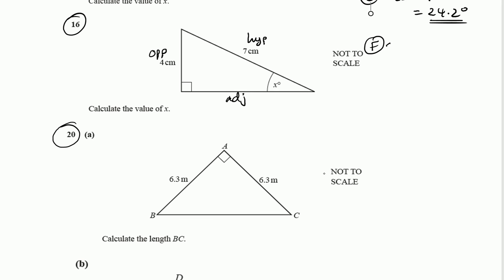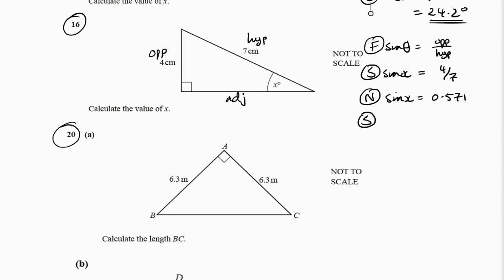So the formula I'm going to use is sine theta is opposite over hypotenuse. Substituting in, I get sine x equals opposite 4 over hypotenuse 7. A nice job would be to do that division. So sine x is equal to 4 divided by 7, or 0.571.